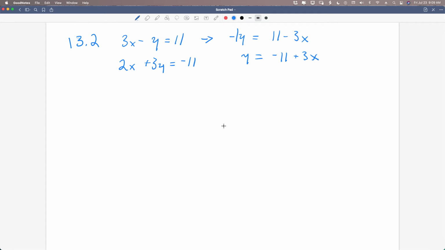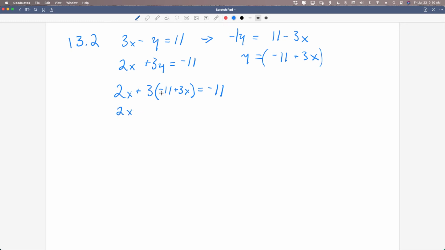All right. So now we know what y is. So we can drop this in for the value of y. Okay. So we could rewrite this 2x plus 3 times, and then this is the value of y, equals negative 11. And now we can solve for x. So let's start distribution.